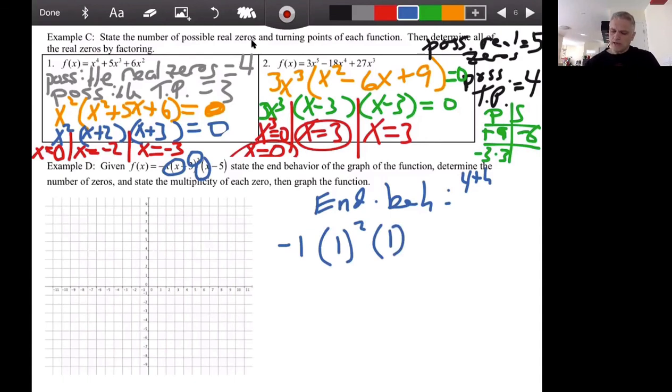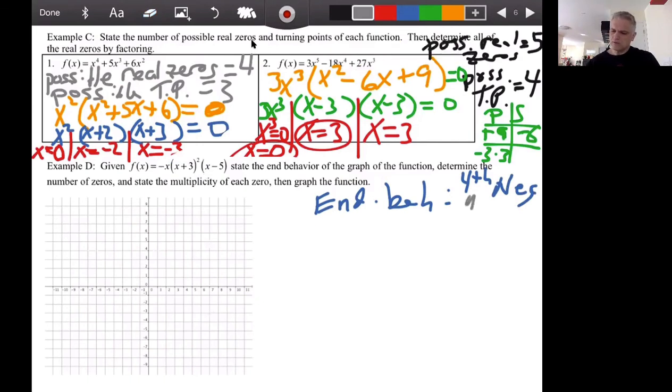So -1 times 1 squared is 1 times 1. So -1 times 1 times 1 is -1. So we have a 4th degree polynomial with a negative leading coefficient, okay? I recommend you go back and rewind that little part and follow what I just said there, okay? So it's even. And the negative coefficient tells me that it's going to be a down, down.